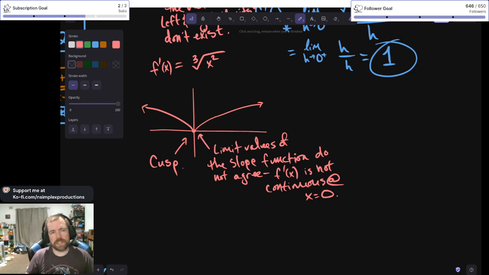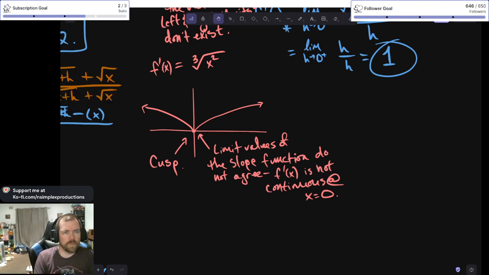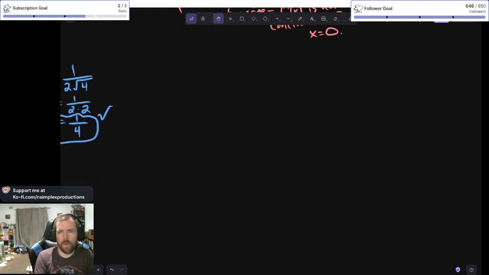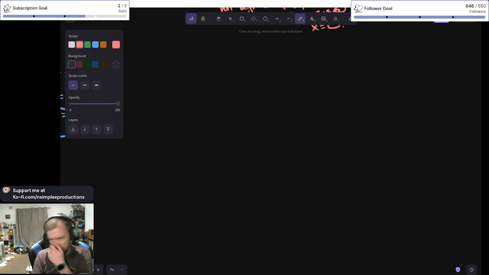This occurs anytime that our slope functions don't agree coming in from either side. Okay.